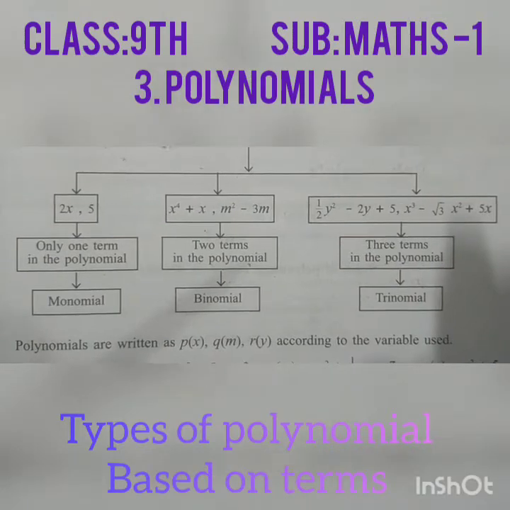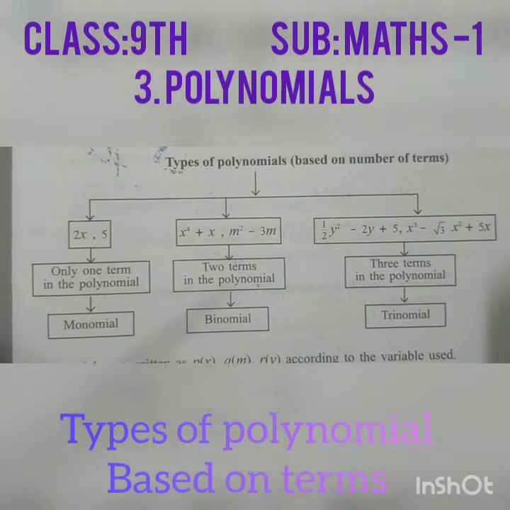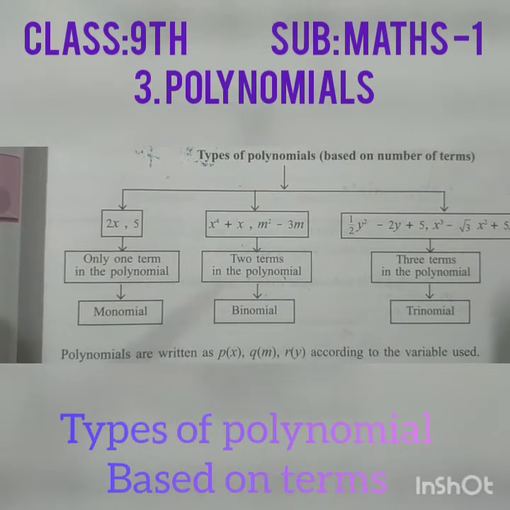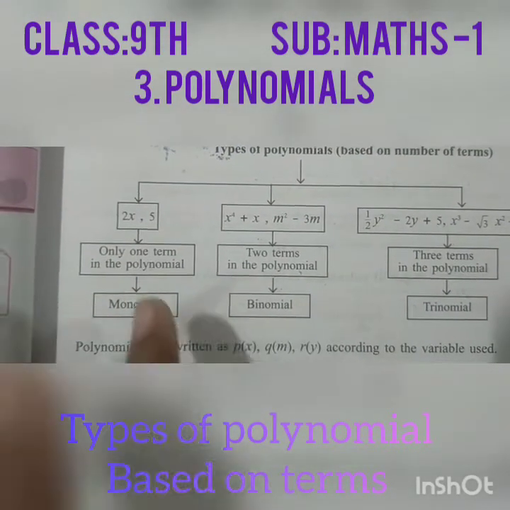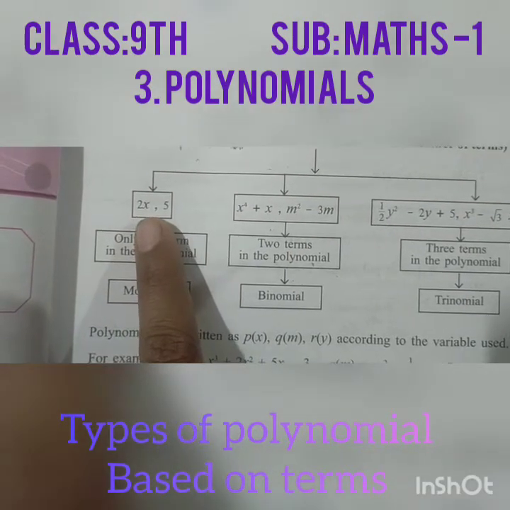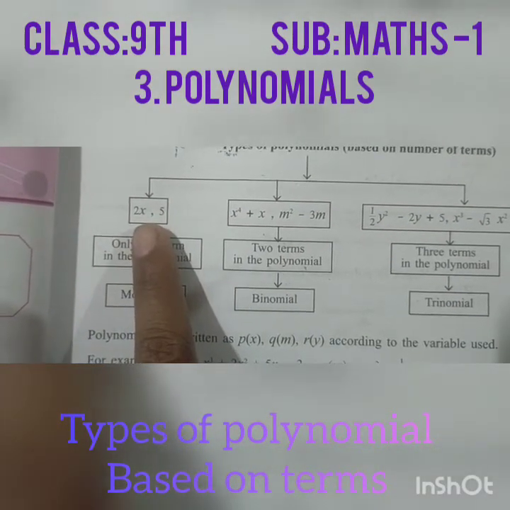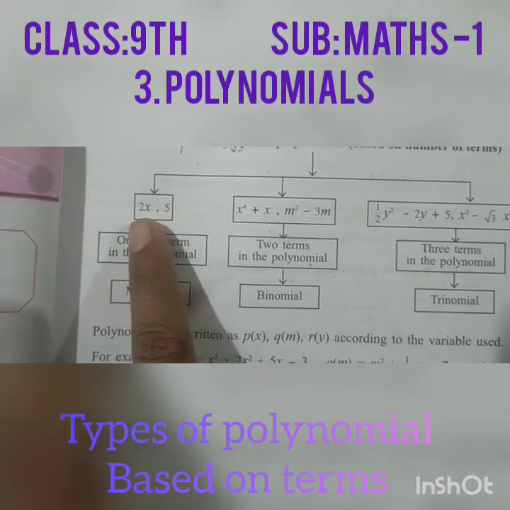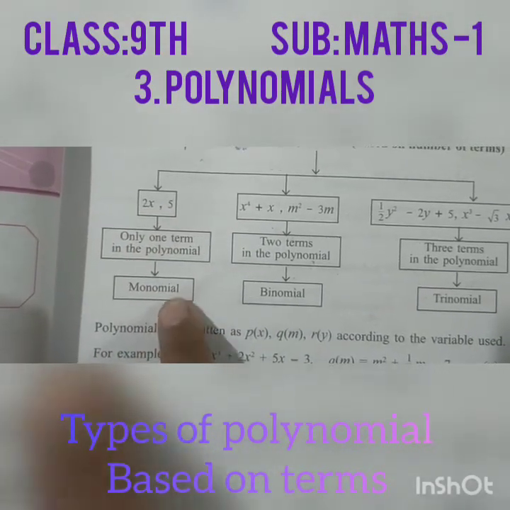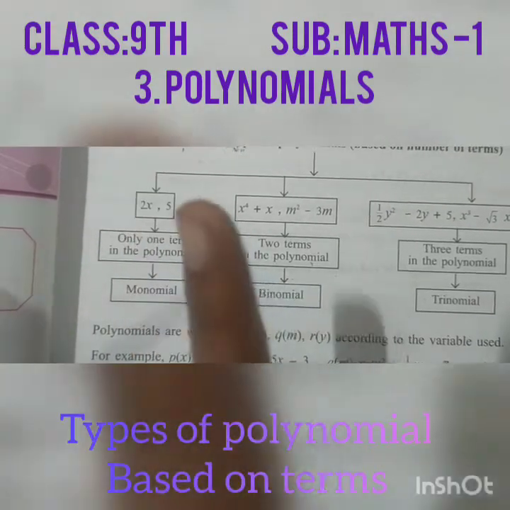Now, we can see the types of polynomial based on number of terms. Number of terms means what? In this polynomial, there is only one term, 2x. Therefore, it is a monomial. 5 is one term.